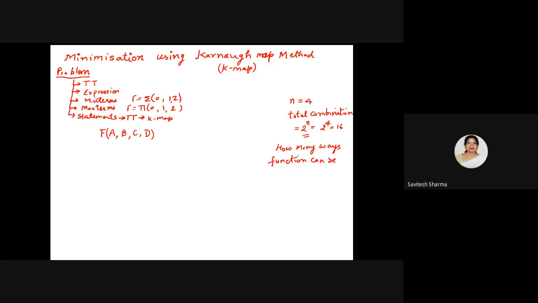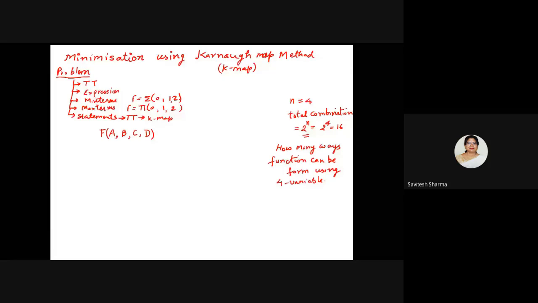Can you tell me how many ways a function can be formed using 4 variables? How many ways means you can form the function?